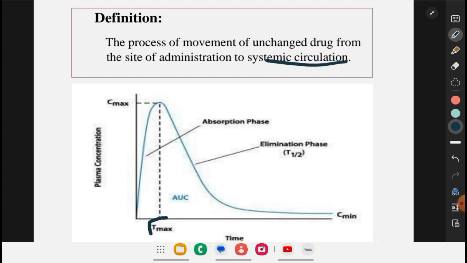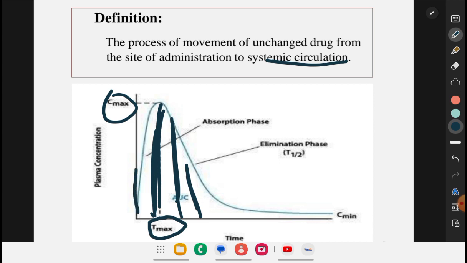This is Tmax and Cmax: Cmax is the concentration when the drug achieves maximum concentration in the body, and Tmax is the time taken to attain it. This whole part is the absorption phase. Then here it is eliminated from the body.